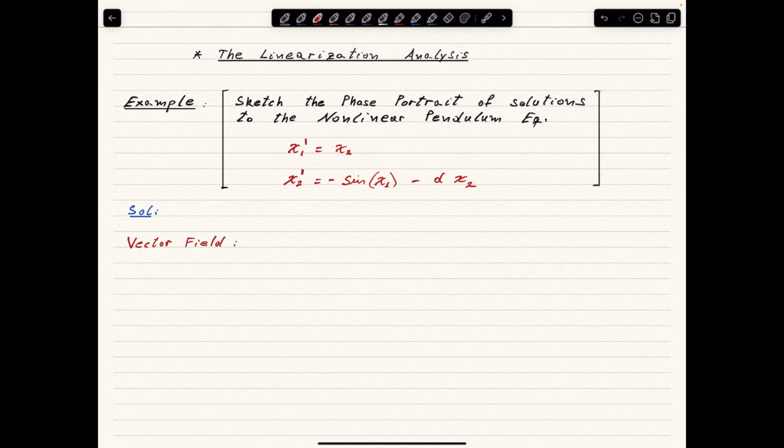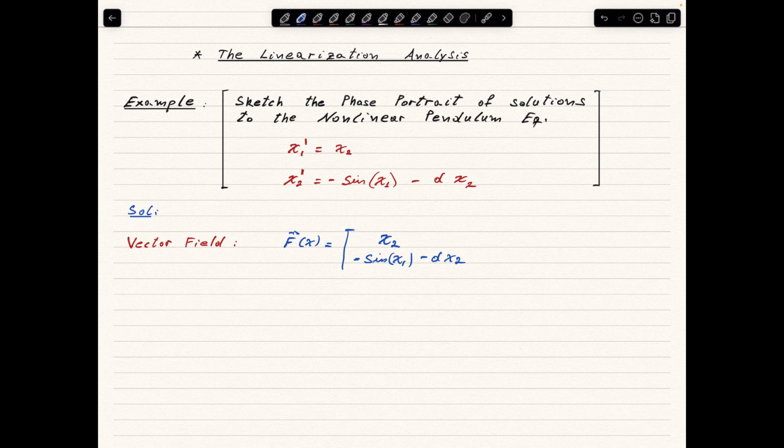Well, the vector field is the right-hand side of the system of equations. So f, a function of the point x on the phase space, is going to be x2, and then here we are going to have minus sine x1 minus d x2.